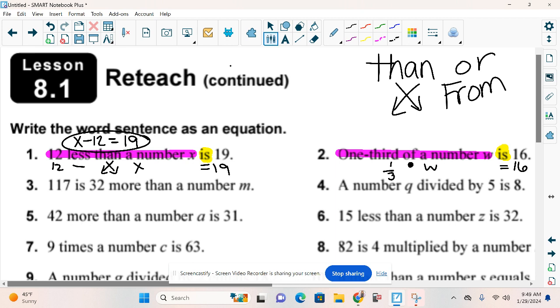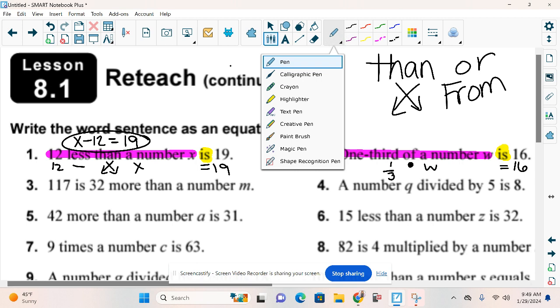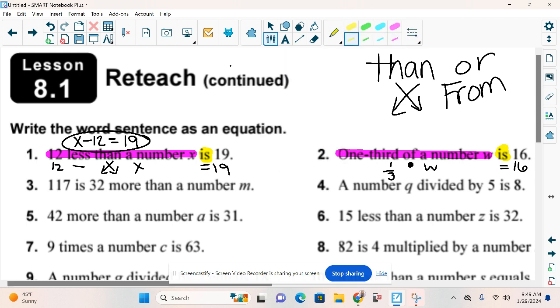Alright, number 3 says 117 is 32 more than a number M. What's my is word? What's my equal word? Is. My problem? 32 more than a number M. So I've got equals 117.